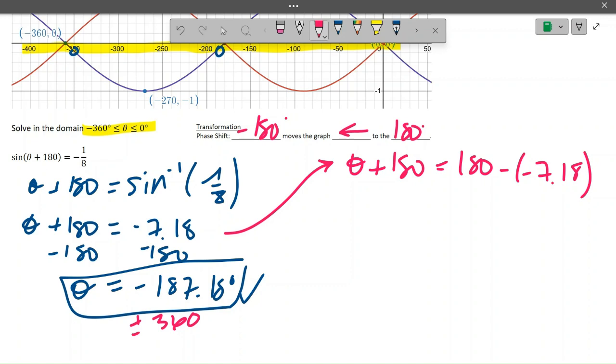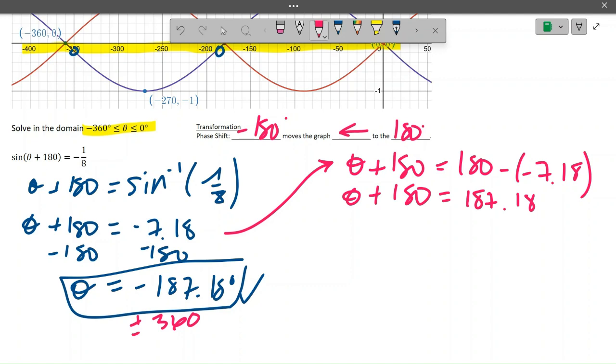All right, coming over to our pink side, we still have theta plus 180 degrees on this side. And then we have 180 minus negative 7.18. When we do that, we get 187.18. You might be thinking, well, I've got positive 180 degrees on both sides. Why didn't you just cross out the 180s? I would totally do that if I weren't making a video.